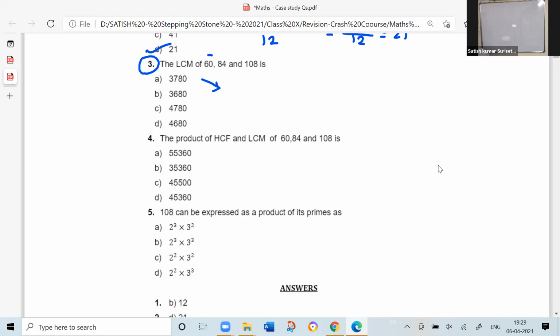Previously I have written this as 12 into 5, 12 into 7 and 12 into 9. So that means the LCM will be what? 12 into 5 into 7 into 9. Simplify this. How much is the value?